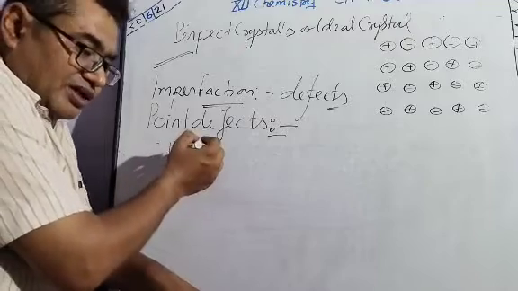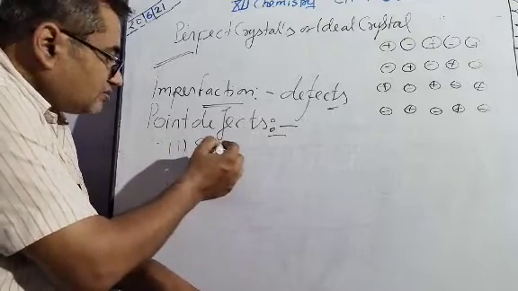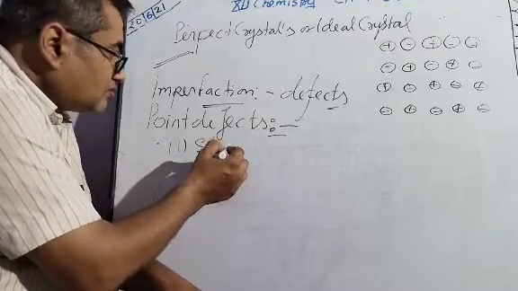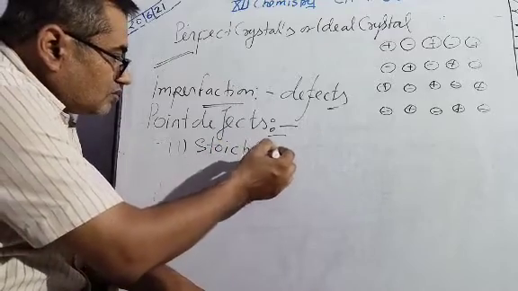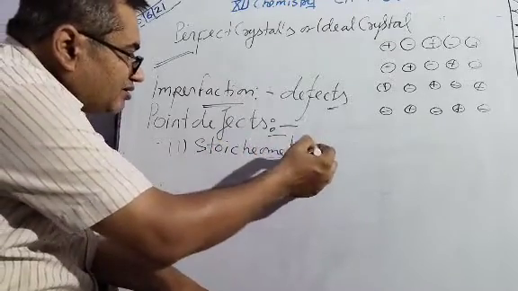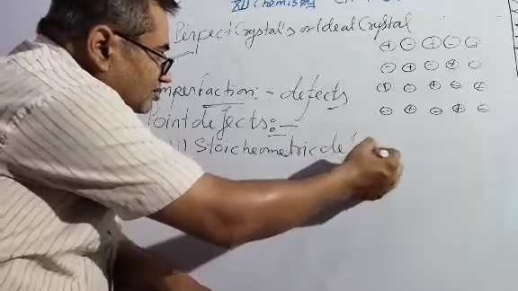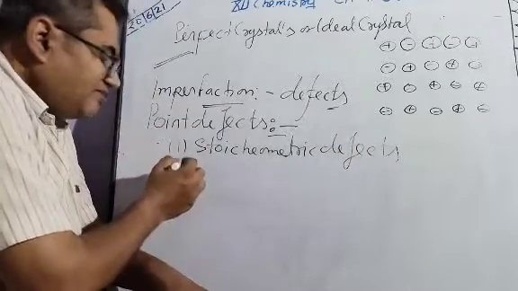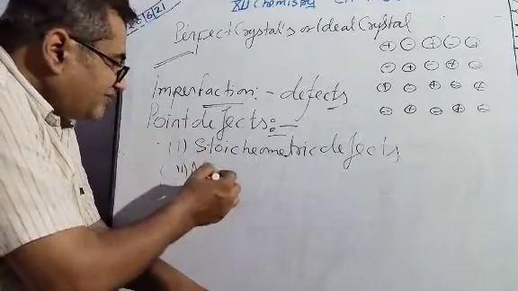Number one, stoichiometric defect. Second one, non-stoichiometric defect.